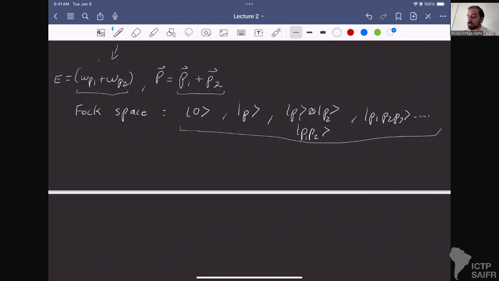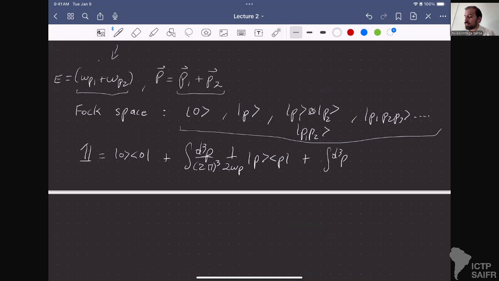more that I wanted to add on top of that is that now the identity operator is going to be given by something like the ground state, the external product of the ground state, plus this integral that goes over all the possible single particle states, plus the integrals for the 2 particle states, P1, P2, and you get the idea.